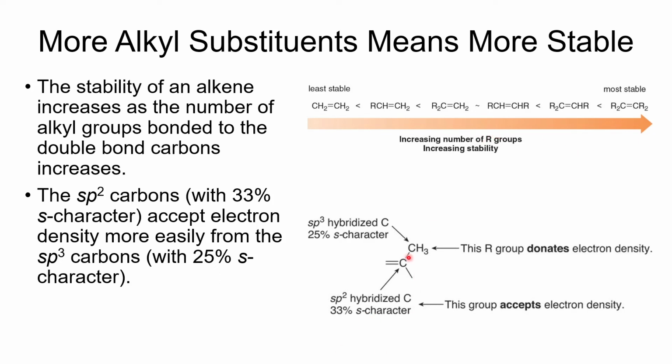The more s character there is in a carbon, the more it pulls electron density towards itself. So in effect, it becomes a little bit more electronegative. Well, so for alkyl groups, it more easily donates that electron density and helps to stabilize the overall molecule. So that is sort of the rationale behind it. The alkyl groups add electron density and they stabilize the pi bond.